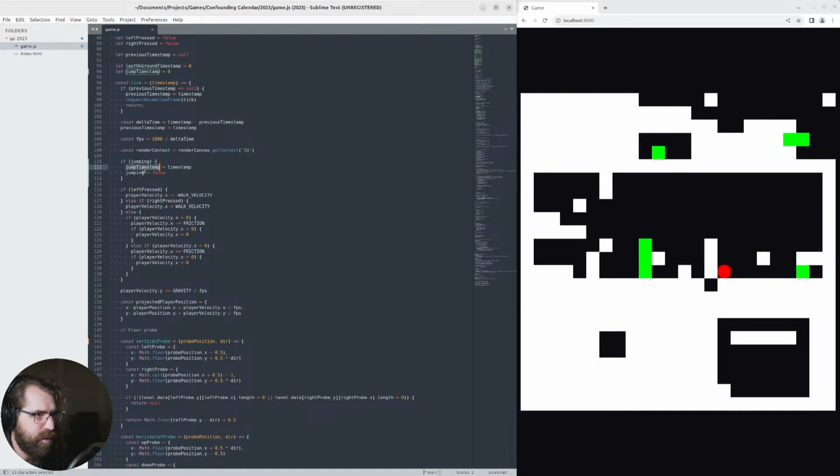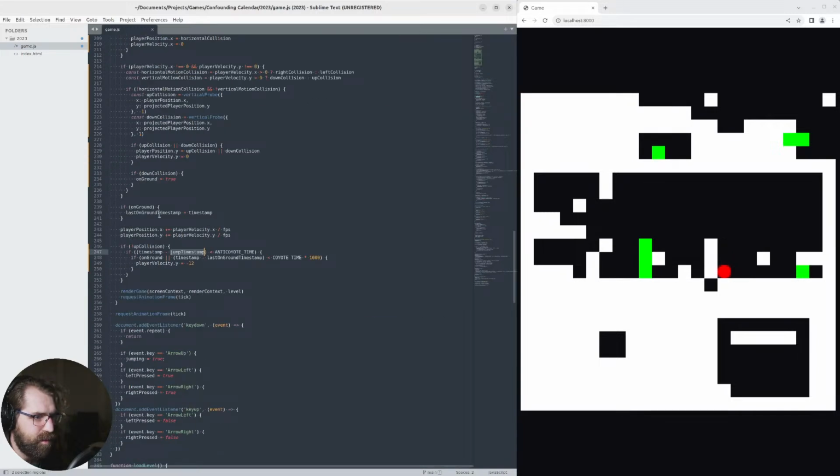Because we shouldn't be overwriting the jump timestamp. That's outside there. Oh, hold on. This needs to be times by 1,000, because it's in seconds. Oh, now we have this problem again. Oh, that's because it's 0. Oh, no. Wait, what's going on? Every time I jump, there's like... Oh, yeah, okay.